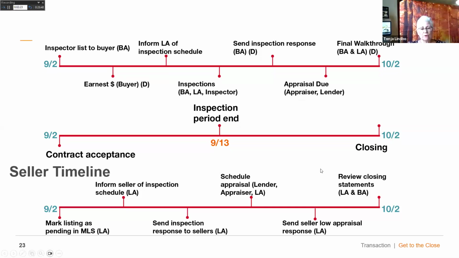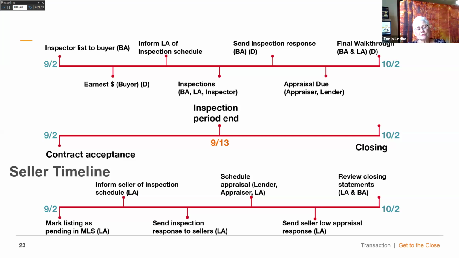So what happens if we get a low appraisal? Well, the buyer can back out, right? The buyer can choose to back out, but the buyer has already spent money on an inspection and an appraisal, and they may have already given their notice if they're moving out of a rental.